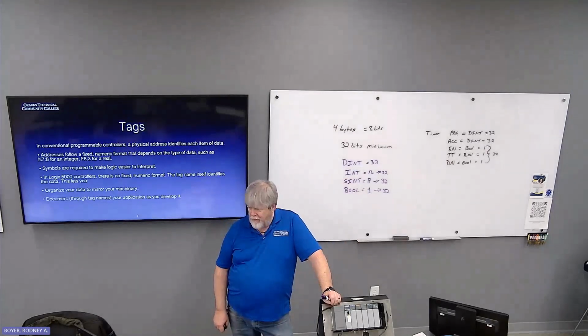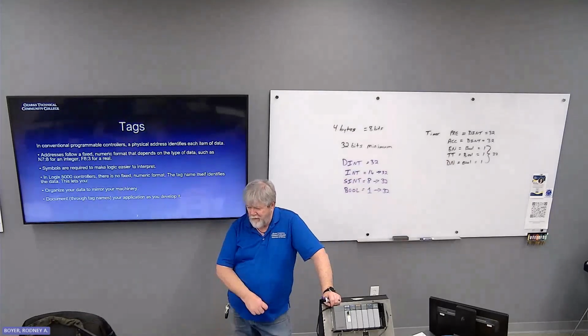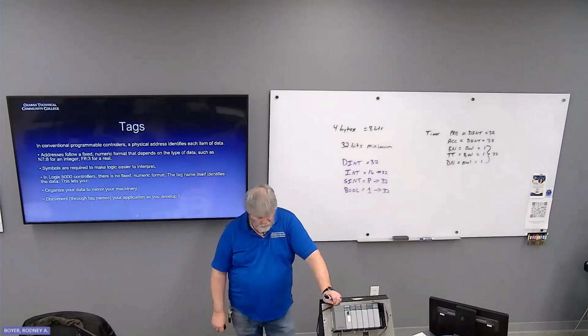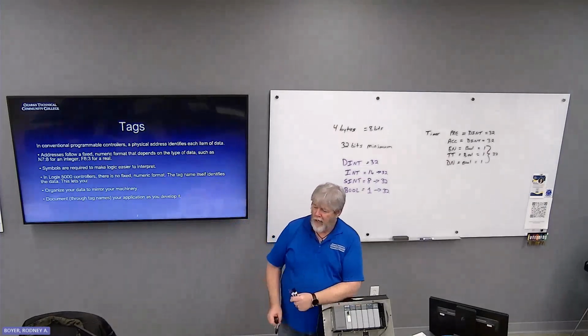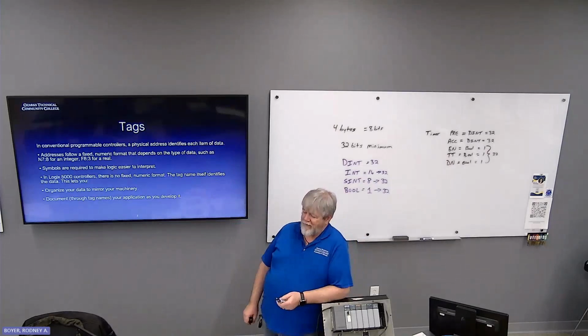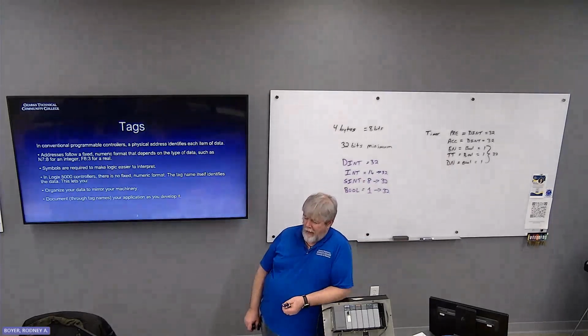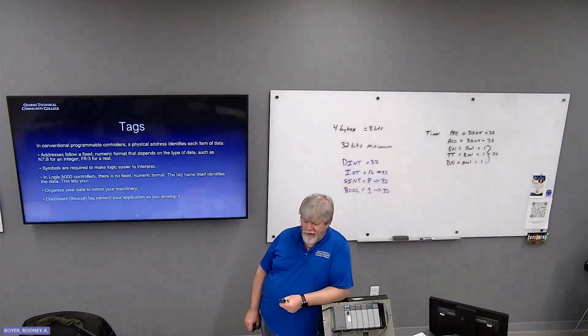In a conventional PLC, a physical address identifies each item of data. If you remember from PLC 1, 500, we had data files, and each data file was specific to a data type.